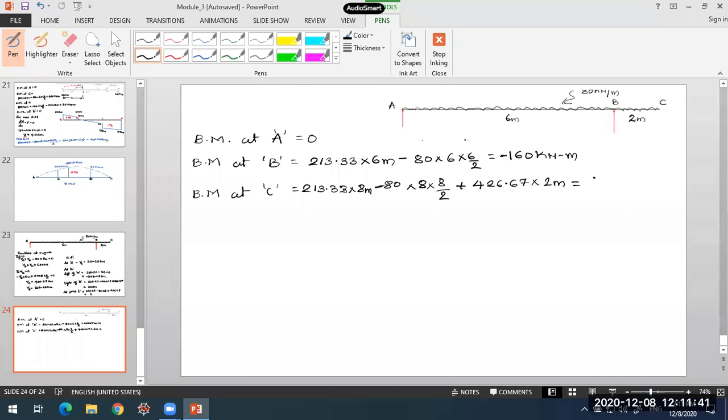It should come to 0, almost 0, because this is the free end over here. So even at such points, you'll get the bending moment as 0. Bending moment will have a value at these points only when you have a couple applied there, or else at end supports which are hinge supports or the free end of the beam. At these points, the bending moment will come out to be 0. Is that fine?